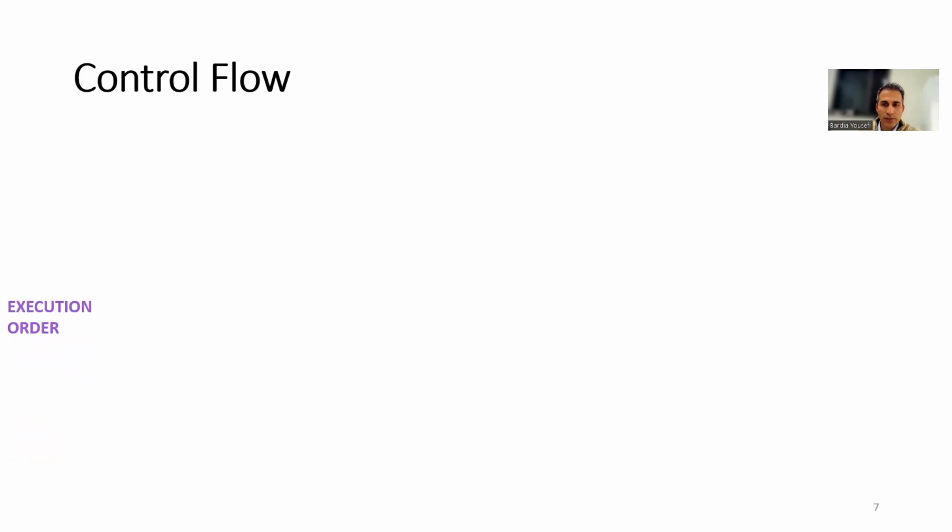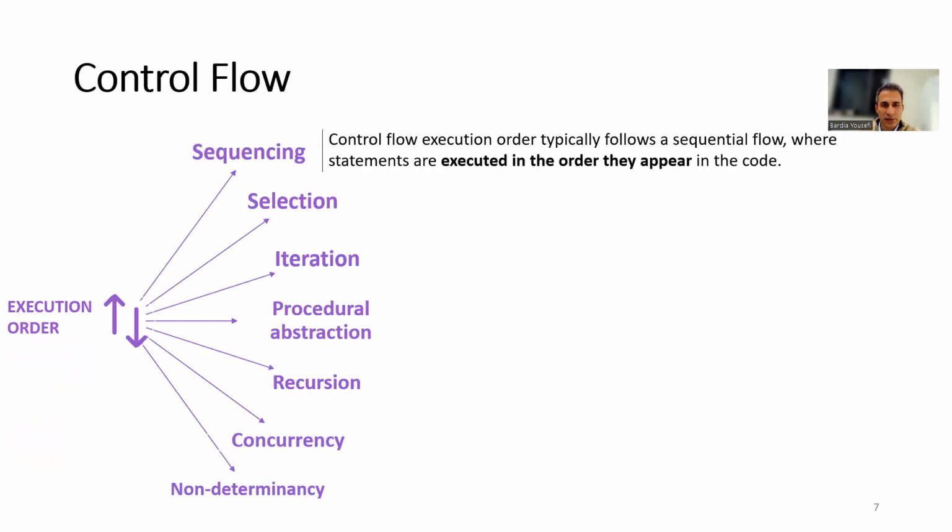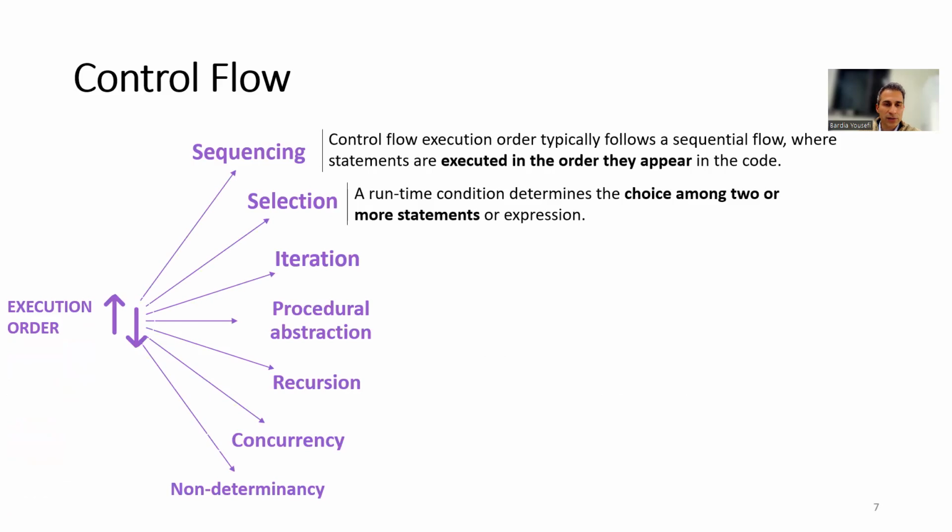Execution order is as follows. Sequencing is the simplest structure. It means that statements will be executed in the order they appear in the code. Selection is a runtime condition that determines whether there will be a path or alternative path to be selected and executed.